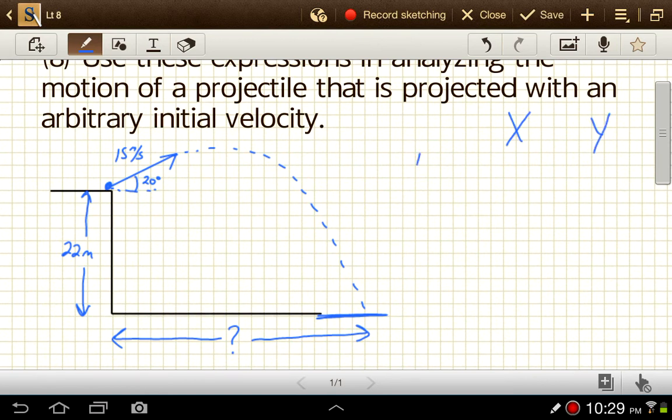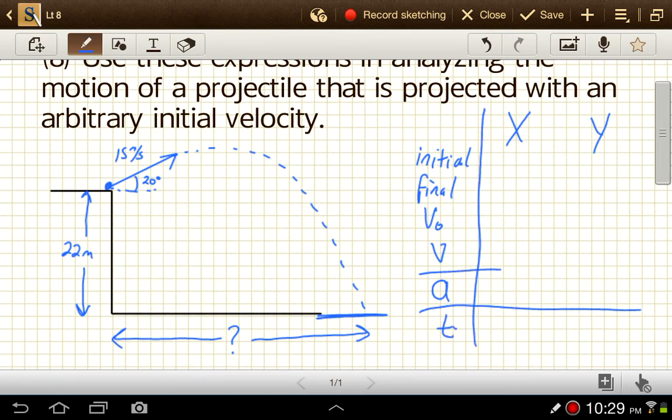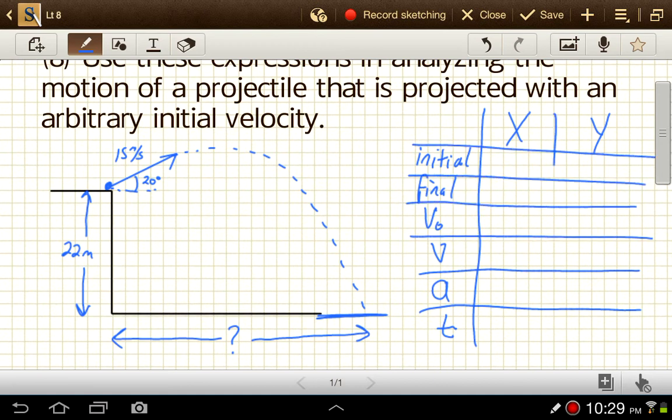We would be interested in the initial position and the final position, the initial velocity and the final velocity, and the acceleration and the amount of time that goes by for any part of the path. You can always fill in accelerations on these. For projectiles, it's always 0 for the x, negative 9.8 meters per second squared for the y.